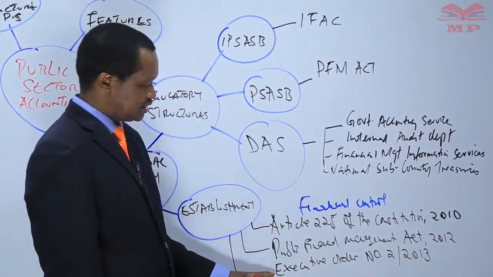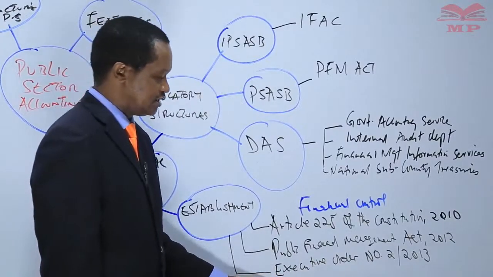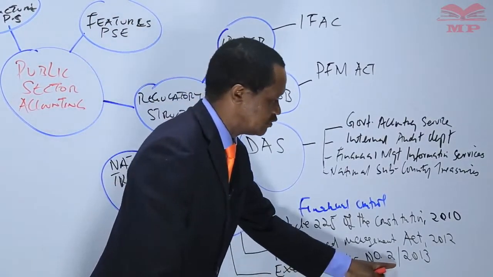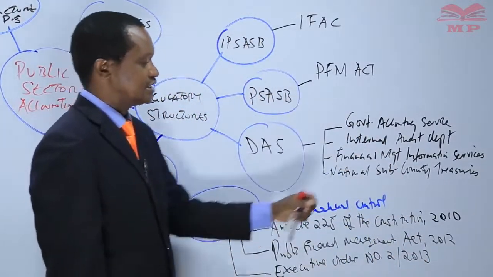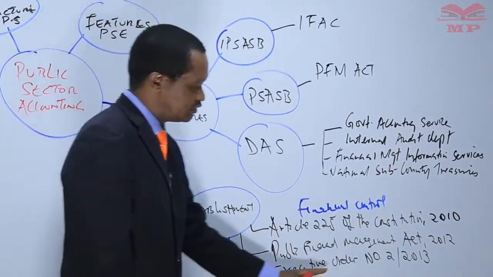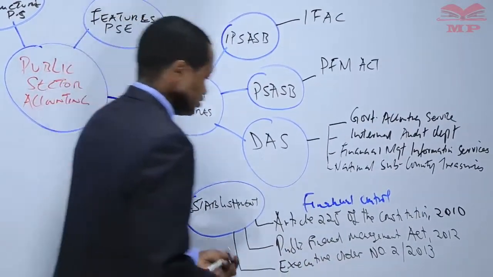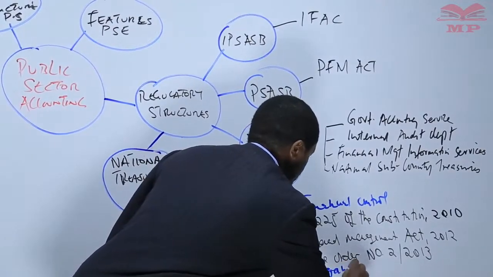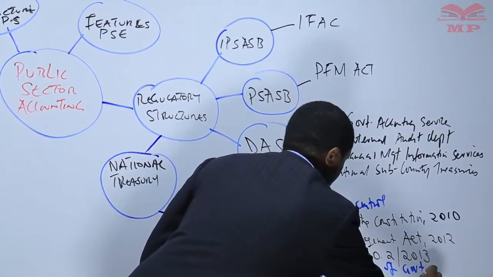And you can see after the year 2012, the President, through the Executive Order number 2 of 2013, organized his government, because this executive order again is titled Organization of Government.